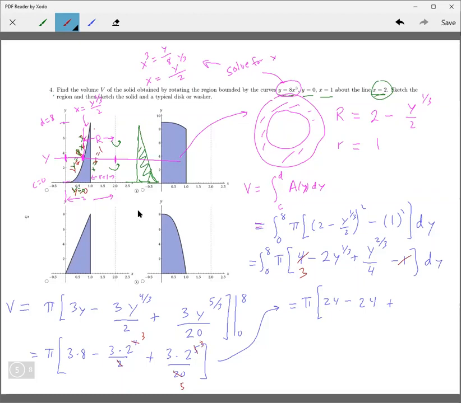So that's 3 times 2 cubed. That's 3 times 8 is 24 over 5. And then these are going to cancel, so you get 24 pi over 5. Okay, so good. That's number 4.